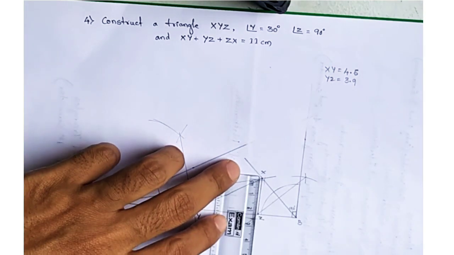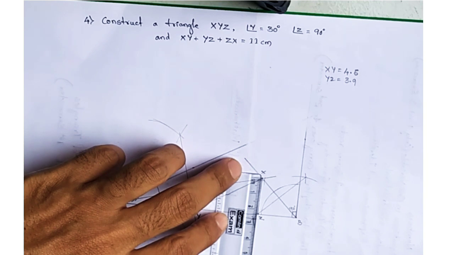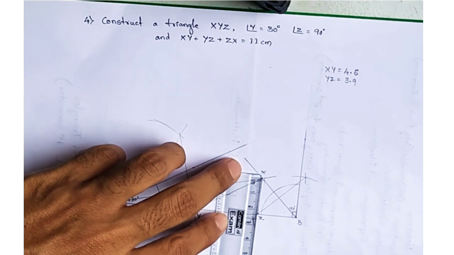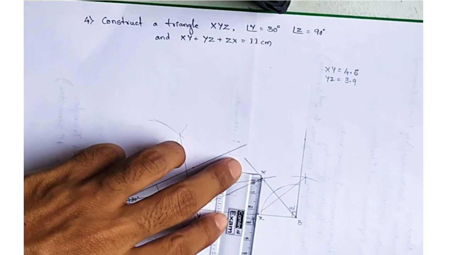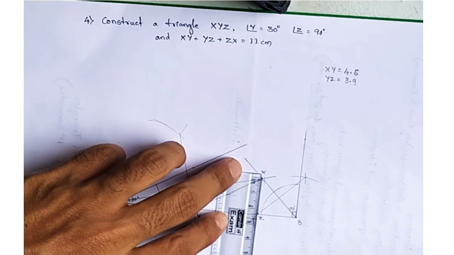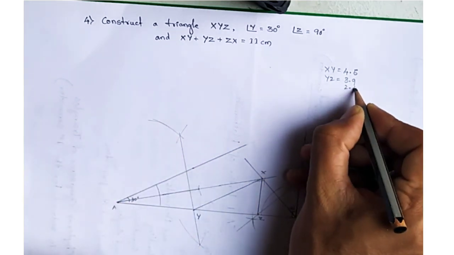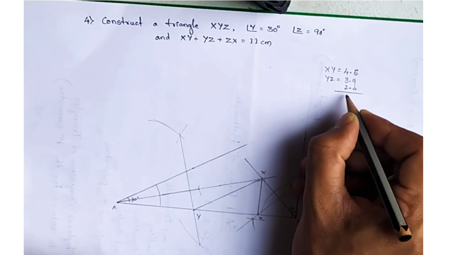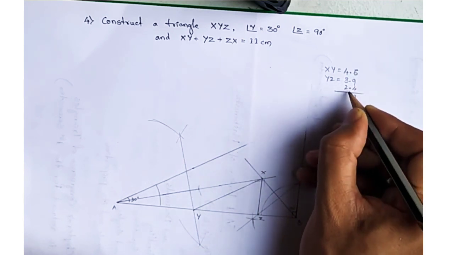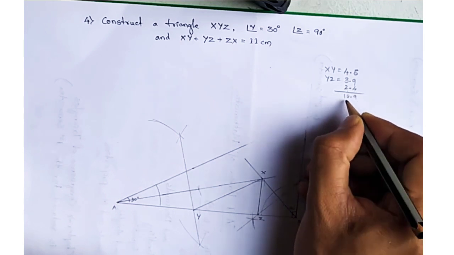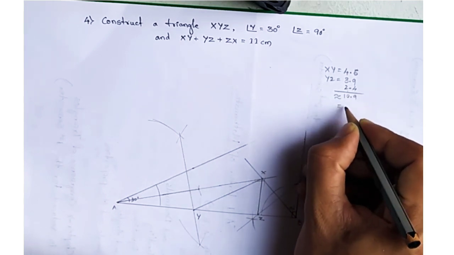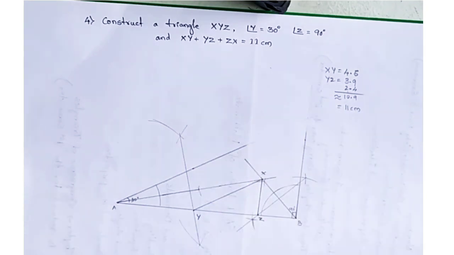And XZ, here we are getting 2.4. Adding them, we will get approximately 11 centimeters. So 0.1 is minor. You also do it yourself and cross check the measurement of the triangle.